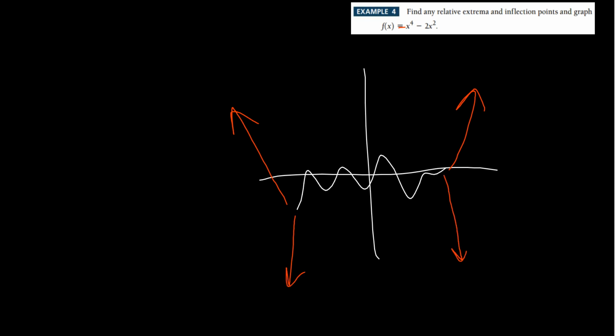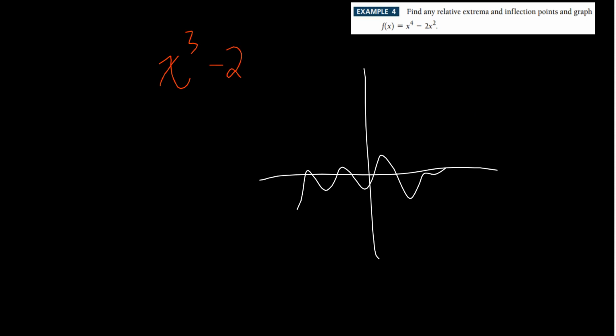So my point is, if we have an even exponent, they're going to be going the same direction. And if it's odd, let's say x cubed minus 2x squared, then the end behavior is going to be down and up. And of course, if it is a negative, then it's going to be the other way, up to down.